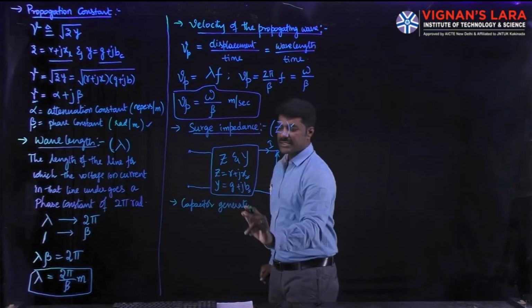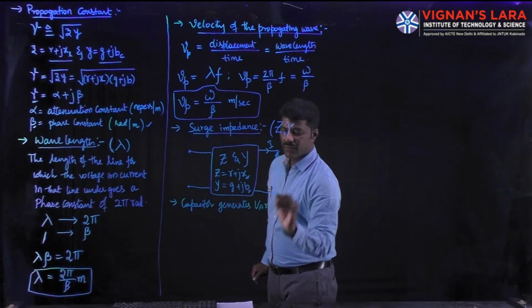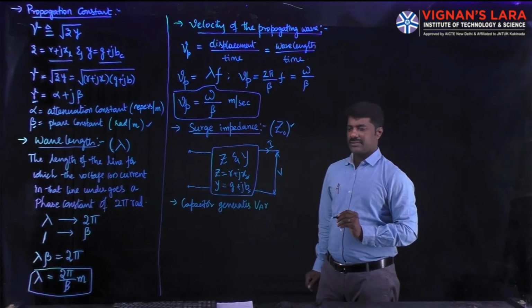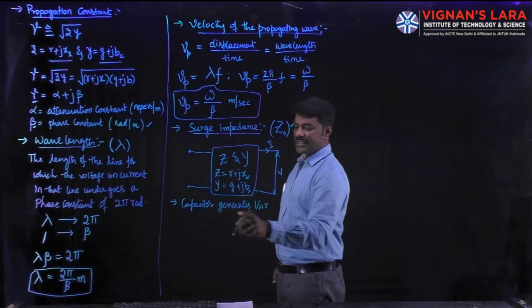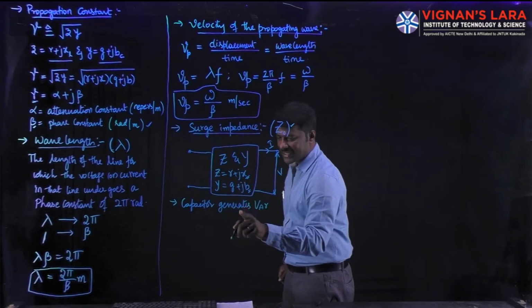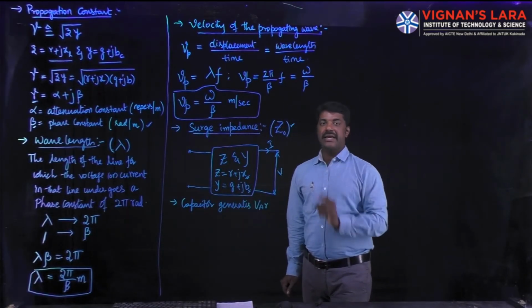So capacitor generates VAR, volt ampere reactive, imaginary power, that is wattless power. Why does it generate VAR? Because the capacitor is considered a VAR generator since it draws the leading current.